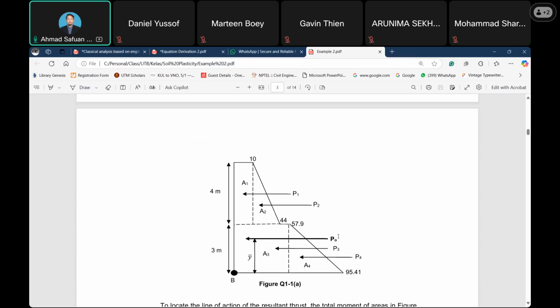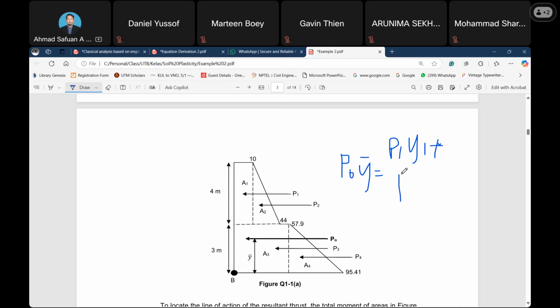P naught times Y average is equal to P1 times Y1 plus P2 times Y2, and follow until P4 times Y4.